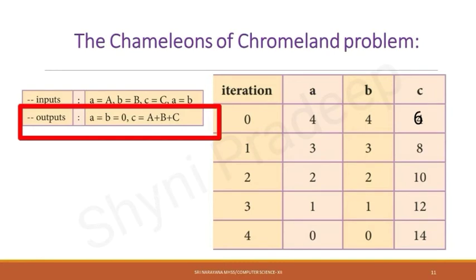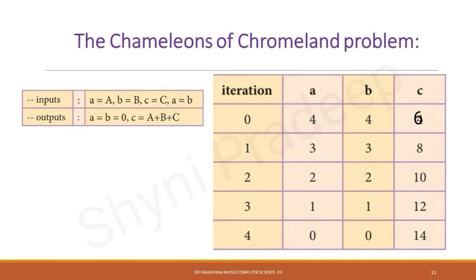Finally, all the chameleons will be the same color, that is C, which means A-type and B-type chameleons both change their colors to the third one, that is C. So the output property is a is equal to 0, b is equal to 0, c is equal to A plus B plus C.